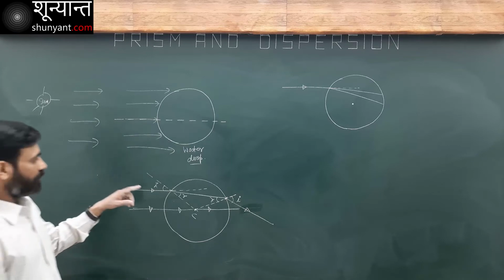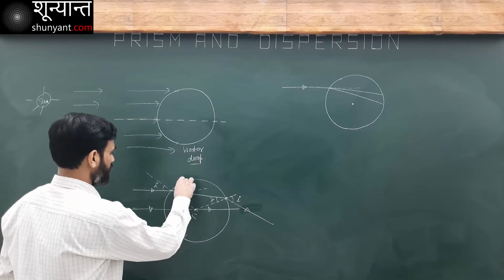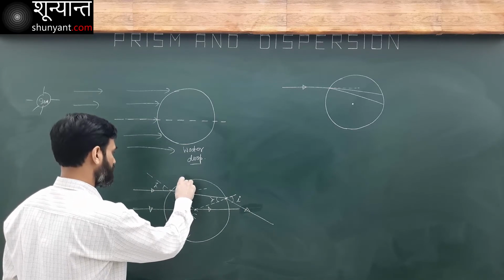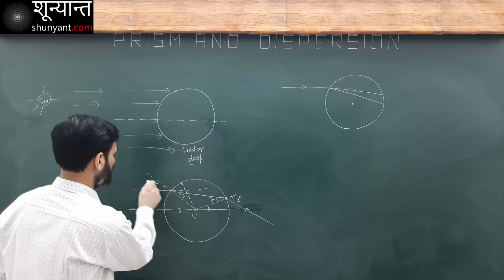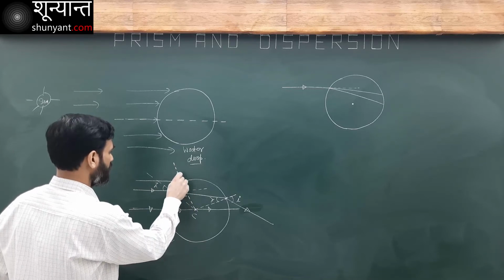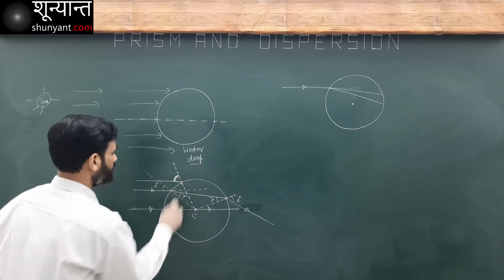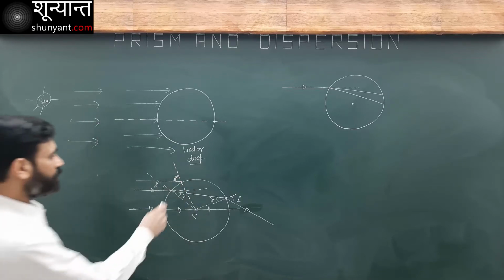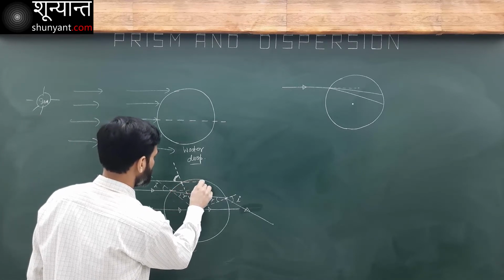Now, if I take this light ray here, what is happening to the angle of incidence? Angle of incidence increases, so angle of refraction will also increase.